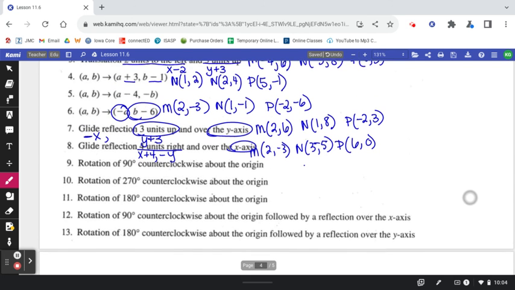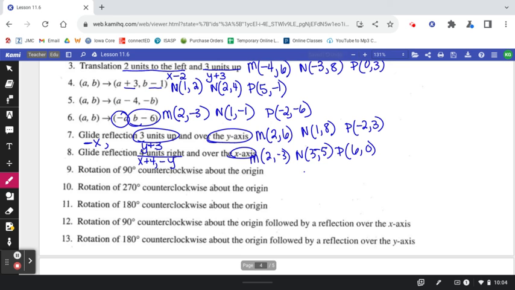On number 9, we are rotating 90 degrees counterclockwise. So remember, I switch the order of the coordinates, and then I give the first one the opposite sign. So for M, we had -2, 3. So that is going to switch the position of the X and the Y and then change the sign on the first term.